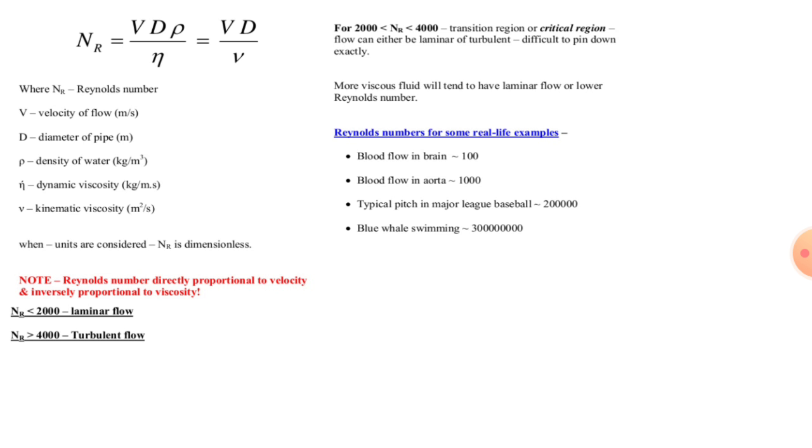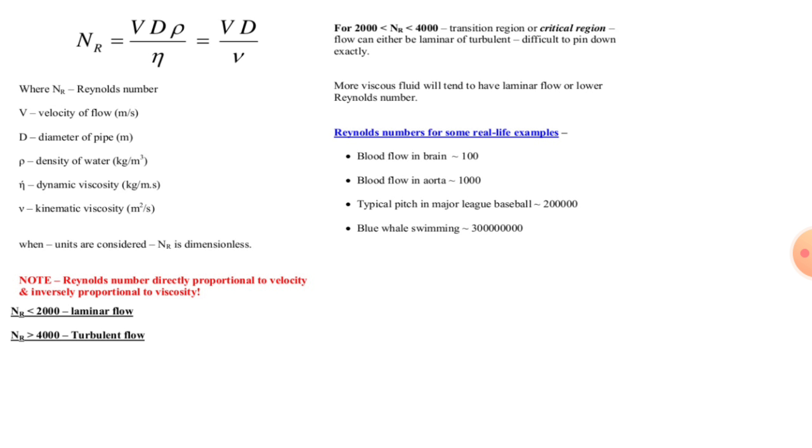Reynolds number Nr is equal to V times D times rho divided by mu, which is equal to V D divided by nu. Here Nr is the Reynolds number, V is the velocity of flow in meters per second, D is the diameter of the pipe in meters, rho is the density of water in kg per meter cube, mu is the dynamic viscosity in kg per meter second, and nu is the kinematic viscosity in meter square per second.